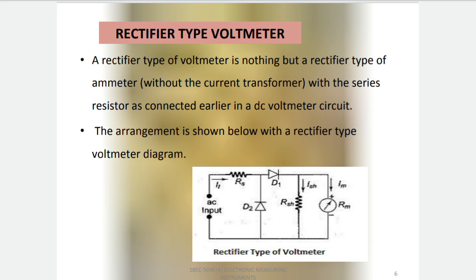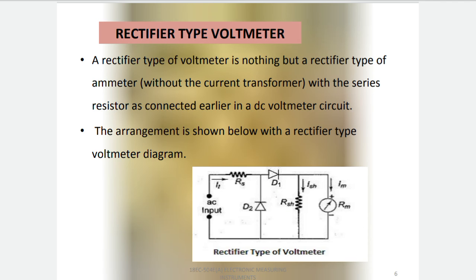AC input is given, and here a shunt resistance is connected. Here the shunt current is represented, and here is the meter movement; you can see there is a meter resistance, that is the meter internal resistance RM, and current IM. The total current IT is given by the arrow at the multiplier.